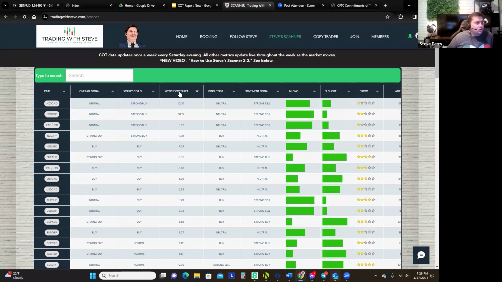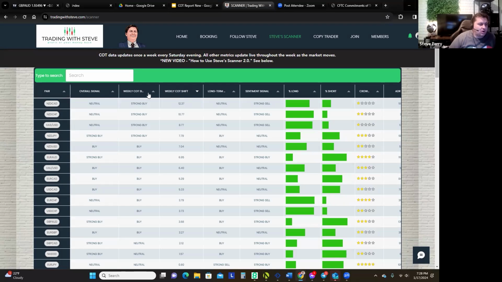So we want to make sure we're also looking at other metrics, not just the shift, because if you look at shift alone, the signals are good, but you can still get a lot of false signals. So we want to try to filter those out. So how else do we filter the scanner, other than just the shift?